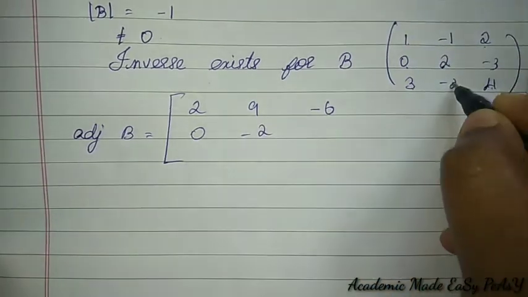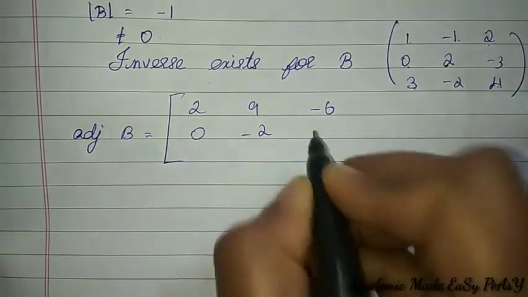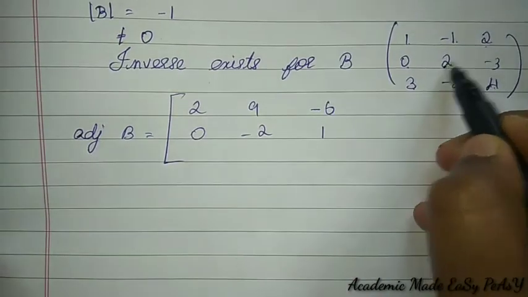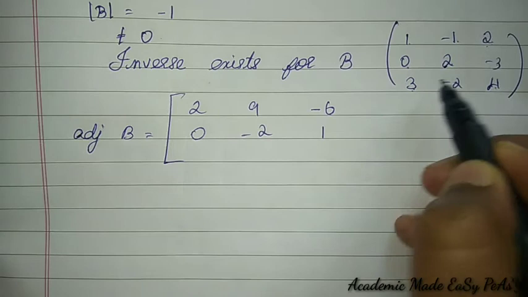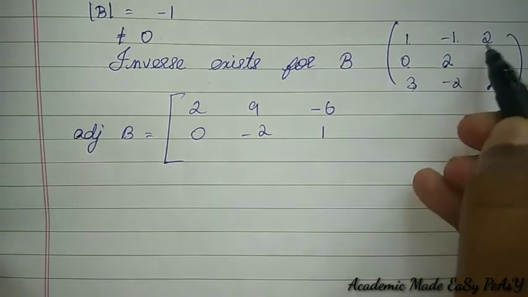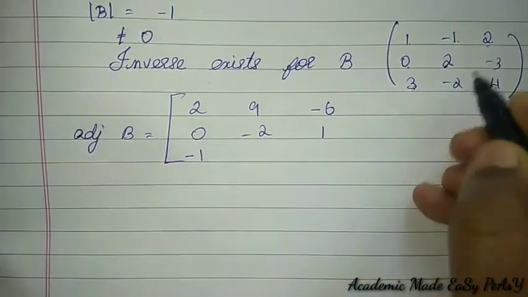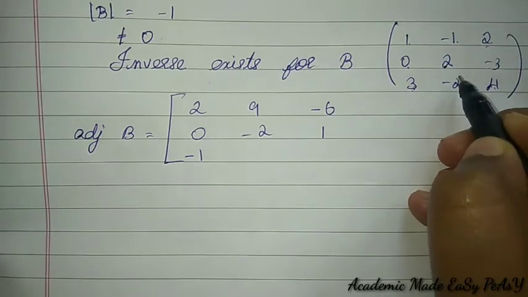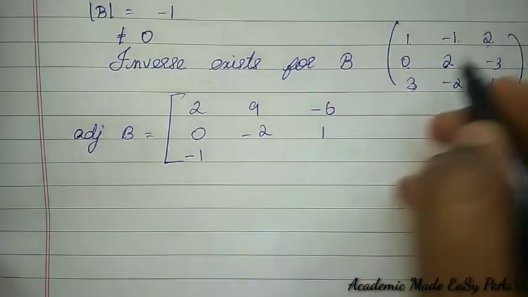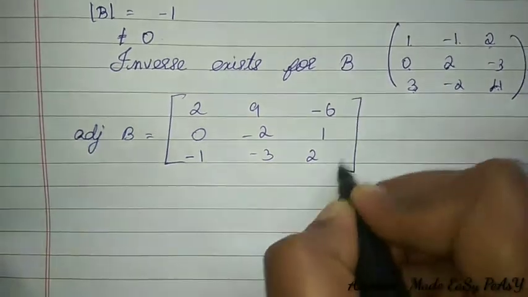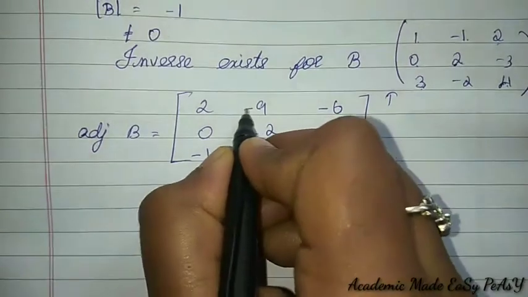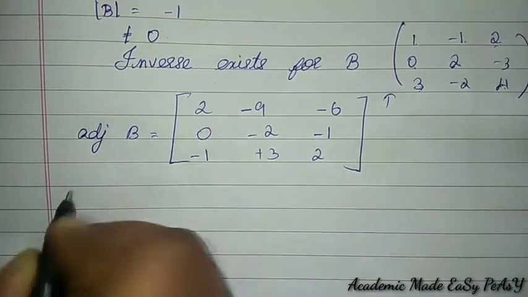For this element minus 2 plus 3 is 1. For this element it is 3 minus 4 is minus 1. For this element it is minus 3. For this element 2. The whole transpose, let's change the sign. Minus, minus, plus.